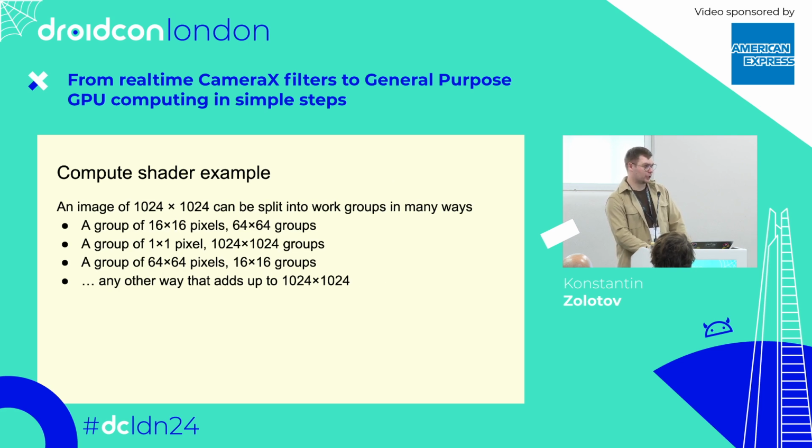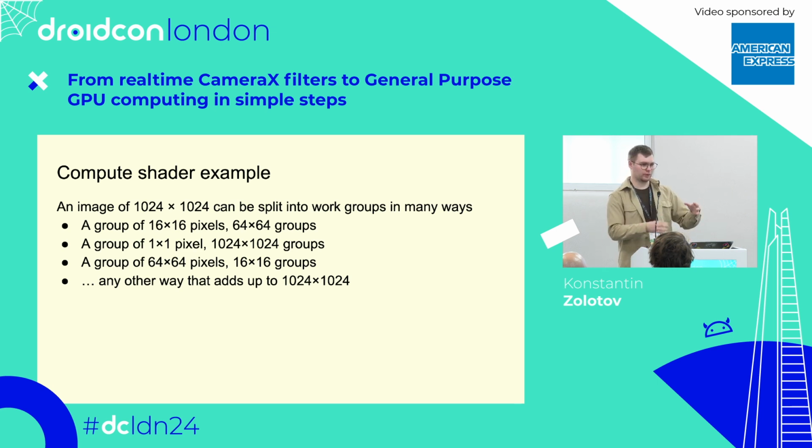Ironically, even though I'm showing general purpose computing, I will show how to apply some filters to images. But I will treat it not as an image, but just an array of bytes. For instance, an image of 1024 by 1024 you can divide in many ways.